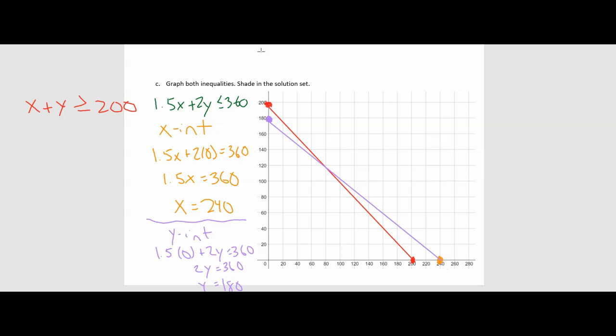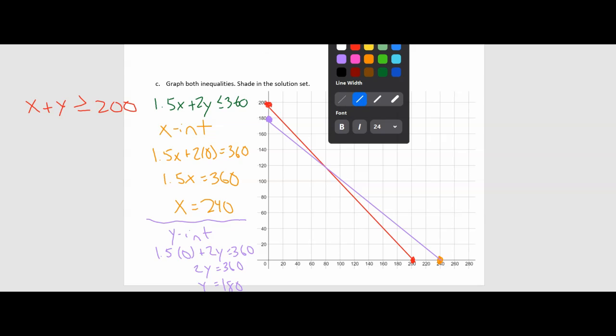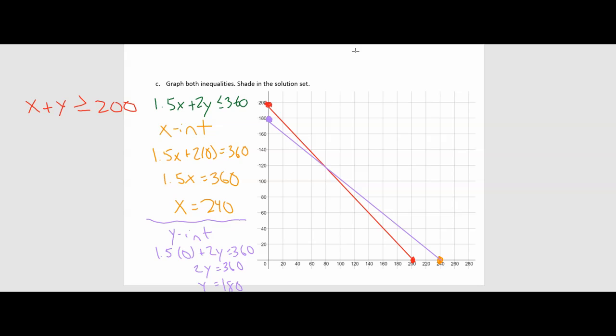So there's my boundary line here. And then, of course, I need to figure out which side to shade. Well, I am going to use the test point 0, 0 for both.